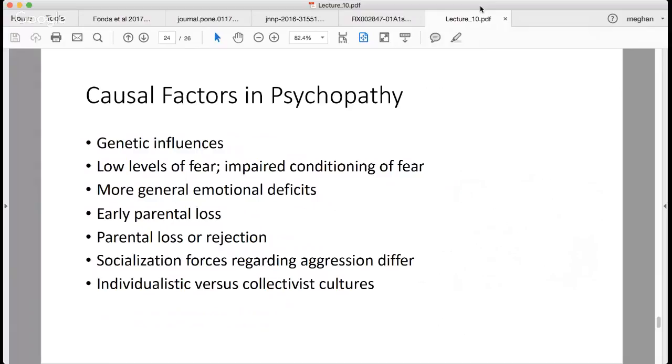Lykken found that psychopaths show deficient conditioning of skin conductance responses when anticipating an unpleasant or painful event, and they were slow at learning to stop responding in order to avoid punishment.